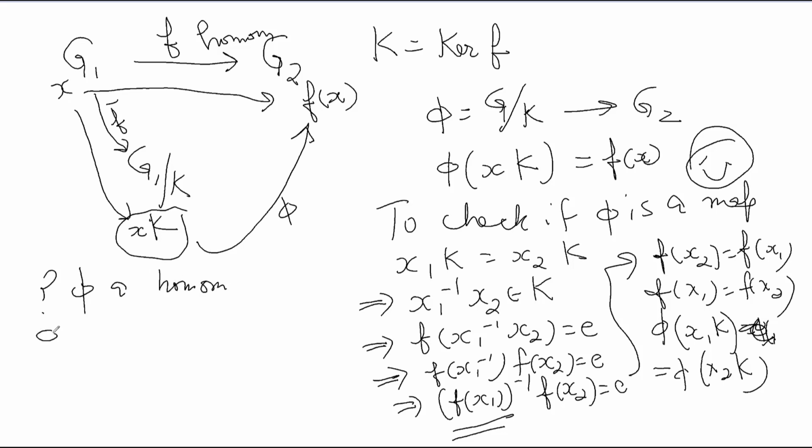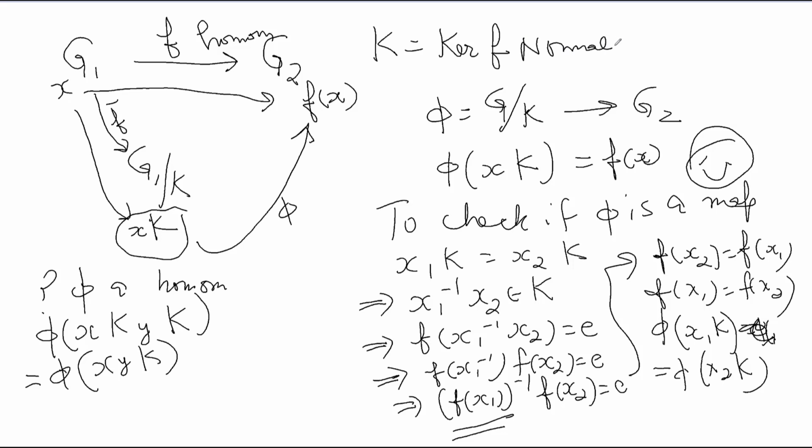Okay, so what will we need for that? If I take phi of xK times yK, then whether that will be f of x times f of y. So let's look at that. This is phi of xyK, right? K is a normal subgroup of G1, remember.